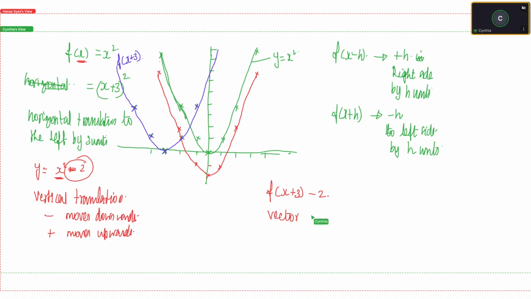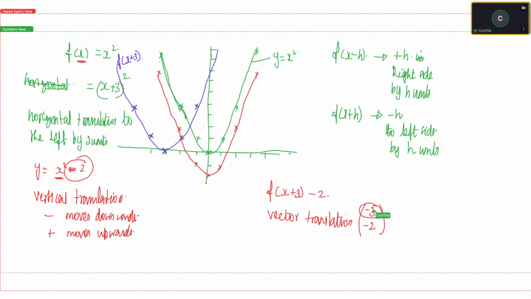Vector translation by minus 3, minus 2. When you are talking about vector translation, you need to write down the opposite sign for the x, because we are moving to the left, so the vector will be negative. We are going in the opposite direction.